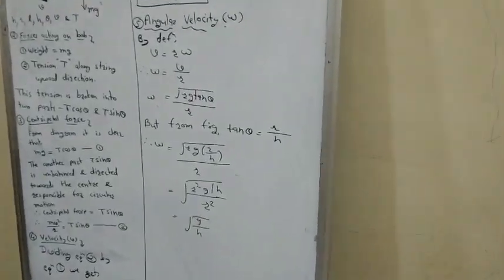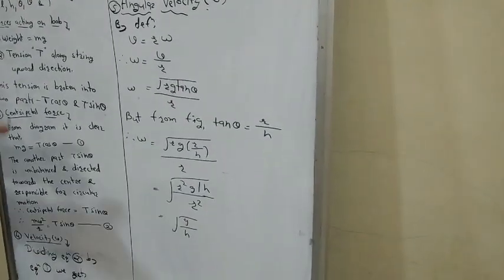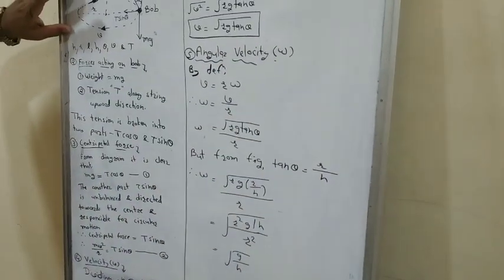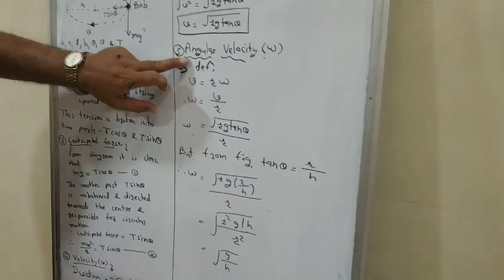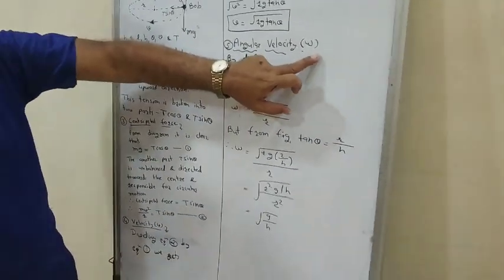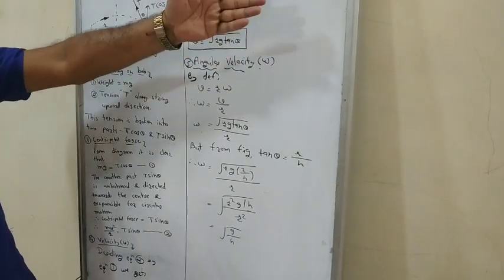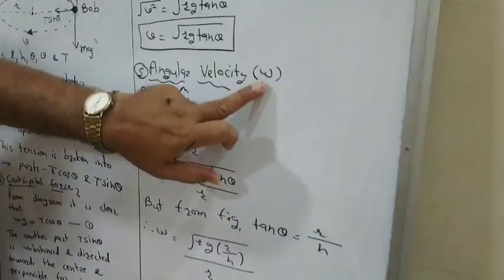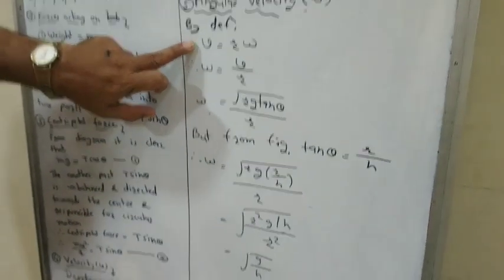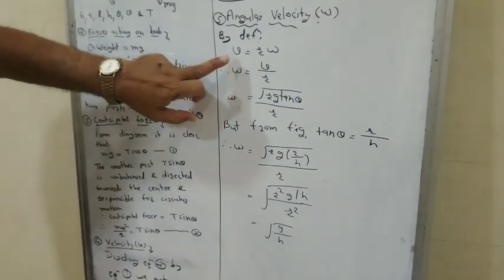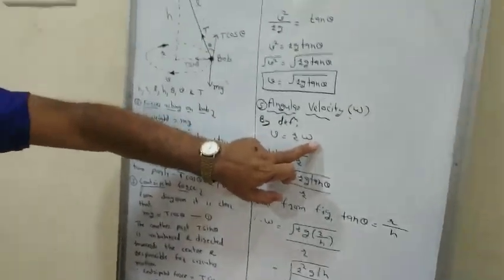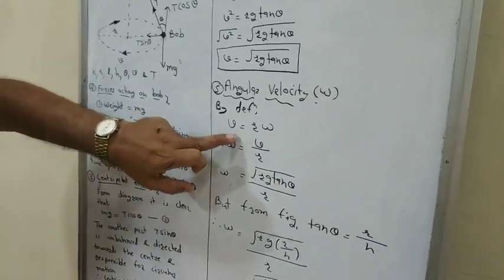Now let us go further. Normally sometimes a question is asked: hence obtain the expression for the angular velocity of the conical pendulum. And this angular velocity is shown by the symbol omega. Don't call it W. W has a different meaning. Omega has a different meaning. So omega, by definition, we have seen the standard relation between linear velocity and angular velocity, given by v is equal to r omega.